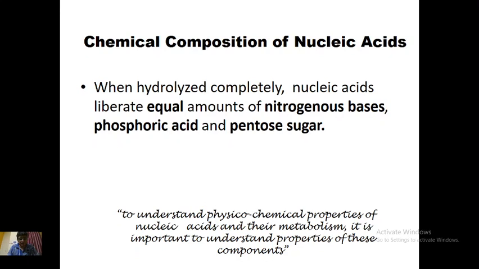Equimolar concentrations of nitrogenous base, phosphoric acid, and pentose sugar are released when a molecule is hydrolyzed completely, which strongly suggests that these three are components of its monomer. That is, these three are components of nucleotides.